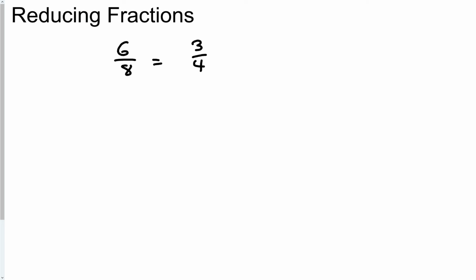You're factoring out a common factor in both the numerator and the denominator. You're changing the 6 to 2 times 3, and the 8 to 2 times 4, and then you're canceling out the common factors to give us our expression. So that's what we do when we reduce fractions.